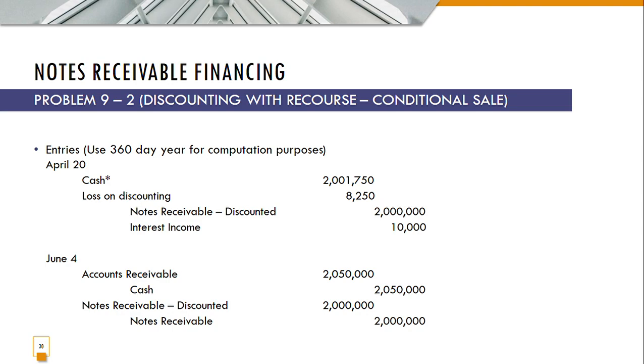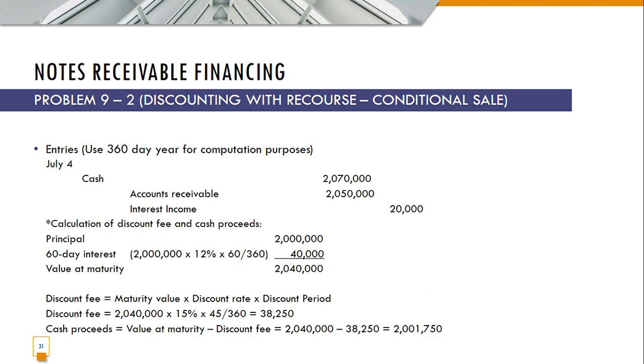On June 4, you got notified that the customer dishonored the note. So now you have to reclassify, or you have to pay the bank $2,050,000.